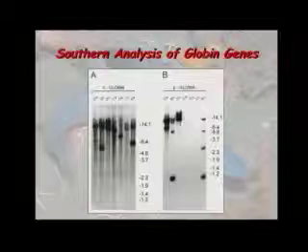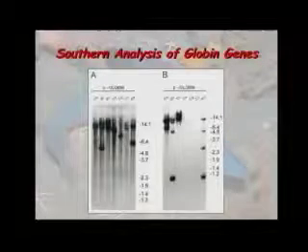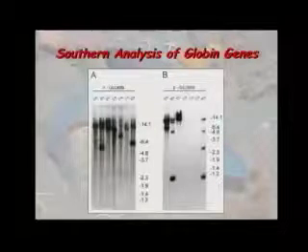So here we have done Southern analyses for alpha globin on the left and beta globin on the right. The three species here whose abbreviations begin with C are icefishes, and the other four species are red-blooded relatives.